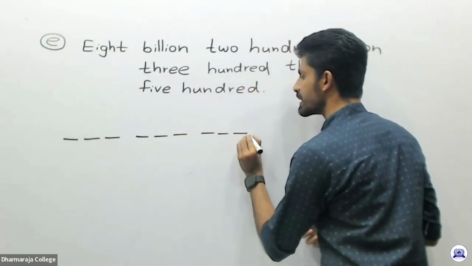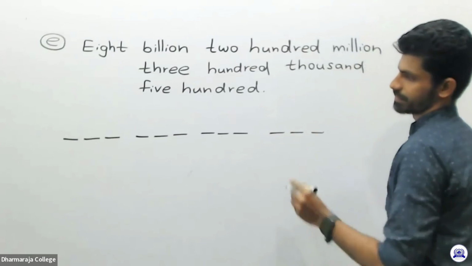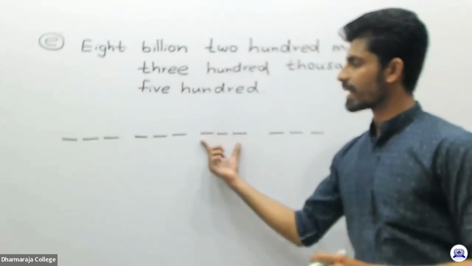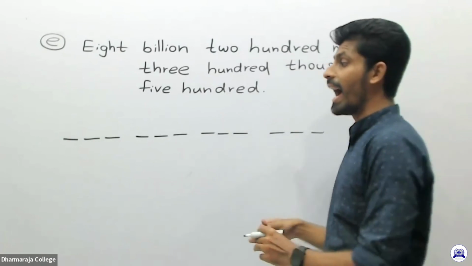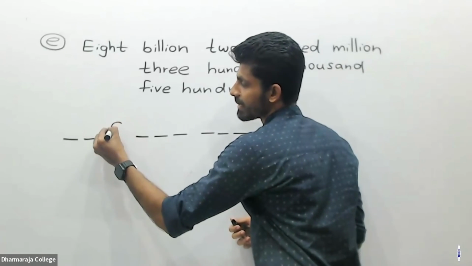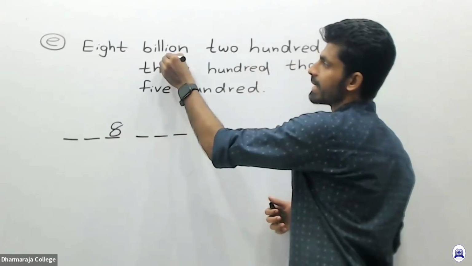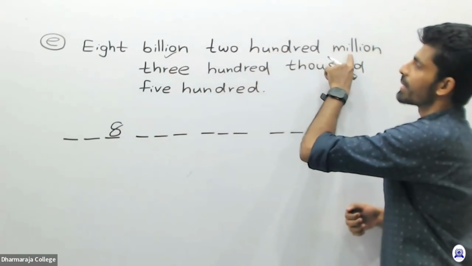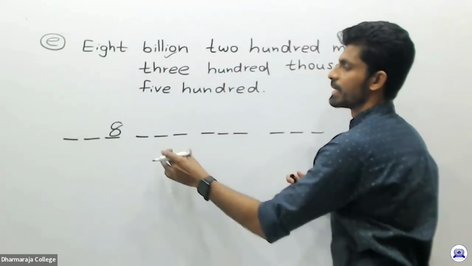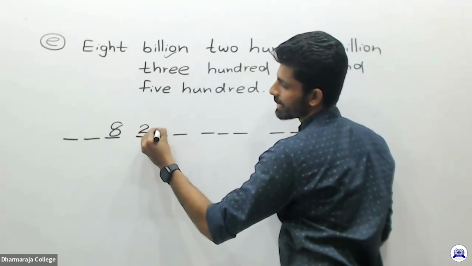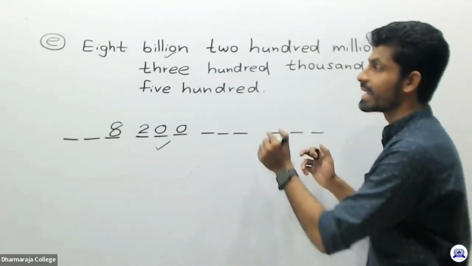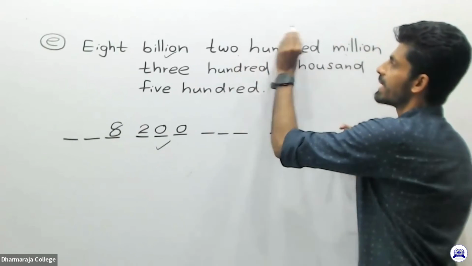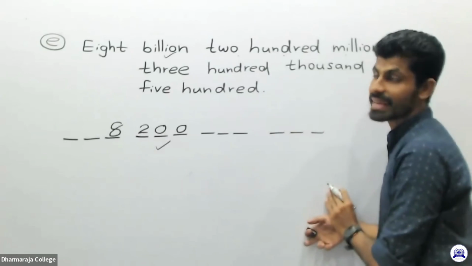Units, thousands, millions, billions. 8 billion. 200 million. 8 billion, 200 million. Very easy.